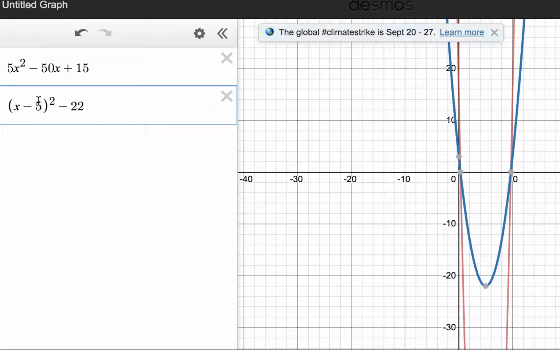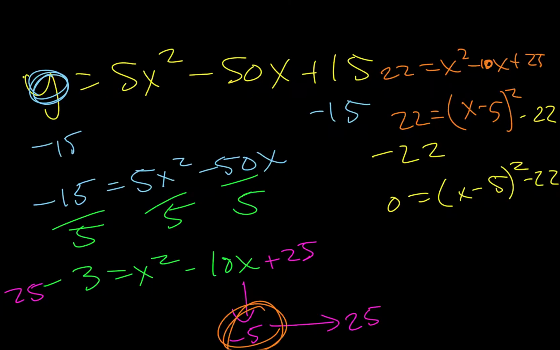So the issue is we actually need a 5 out in front here, but we can't just magically put a 5 out in front. So what we're going to do, we're going to use algebra. We want a 5 right here, so we're going to multiply by 5, but that means that we also have to put a 5 to balance this out.